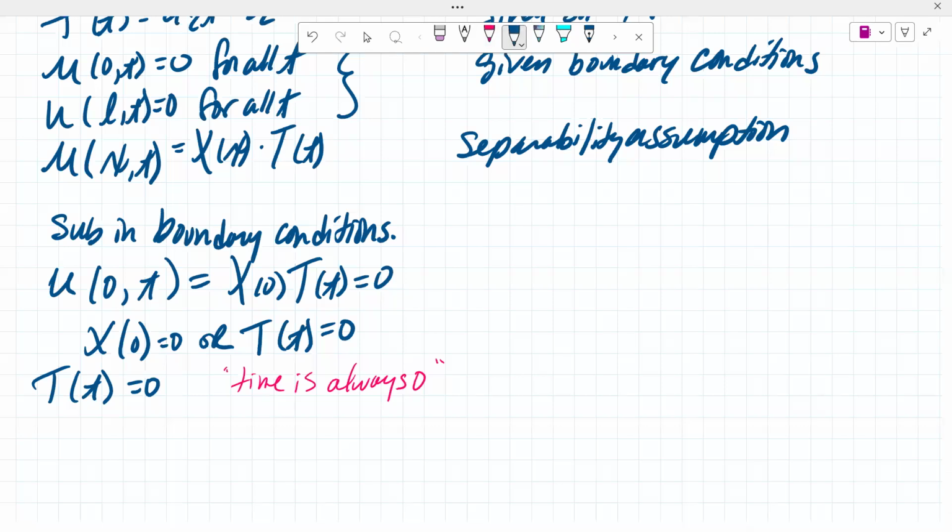So this is an extraneous answer. Therefore, this is the math symbol for therefore, X of 0 equals 0 must be the solution of interest.